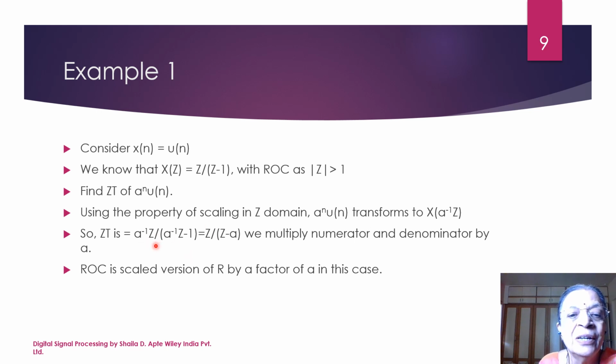So a inverse z divided by a inverse z minus 1. So you can write it as z divided by z minus a. We have to multiply the numerator and the denominator by a. Now in this case the ROC will be a scaled version of the original ROC by a factor of a.